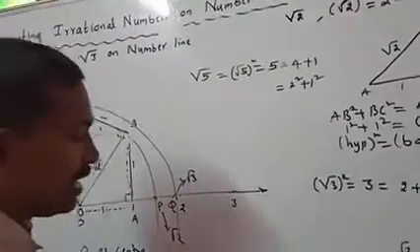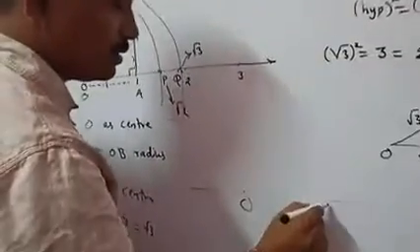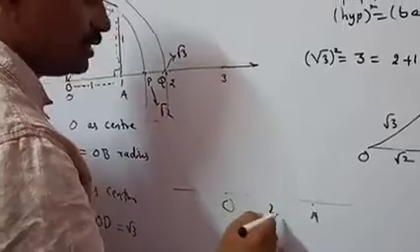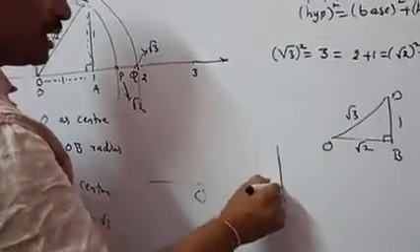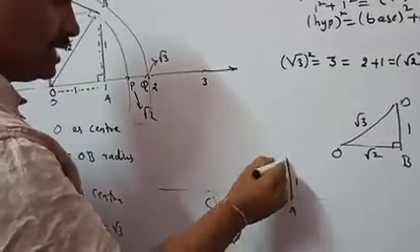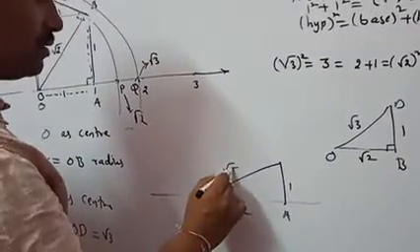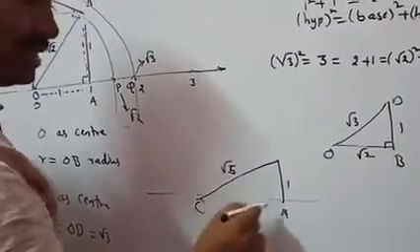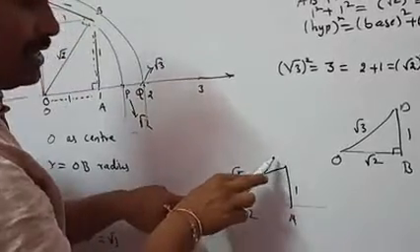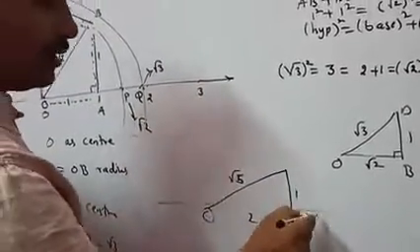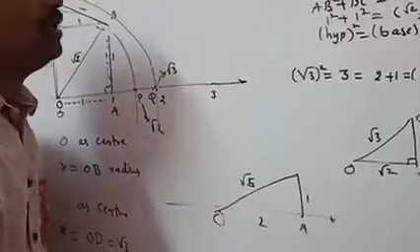Now take the number line O. This is A, 2 units. Draw a perpendicular of 1 unit length. Join OB. This is 2, this is 1, this is root 5. Take O as center and OB as radius, draw an arc. The arc meets here, and this point is root 5.